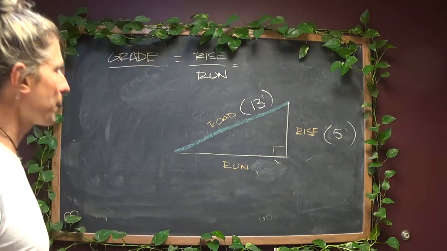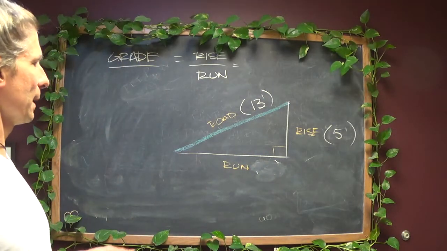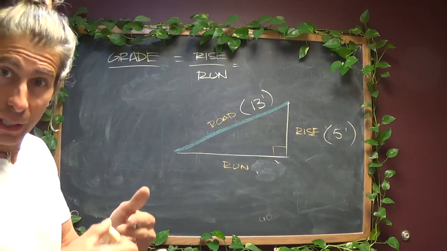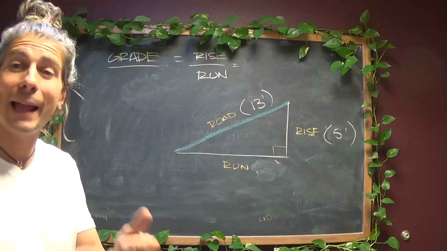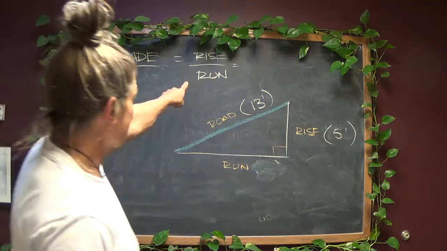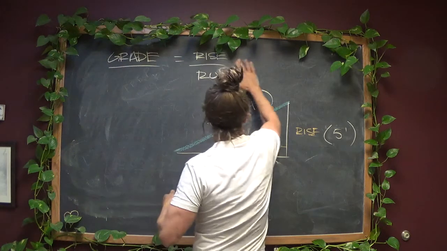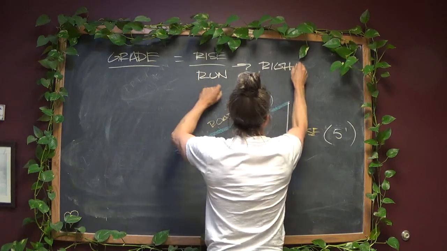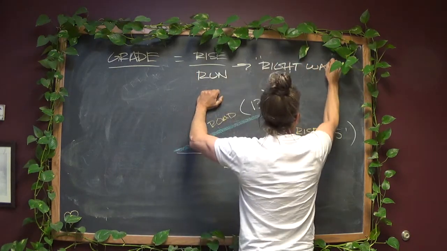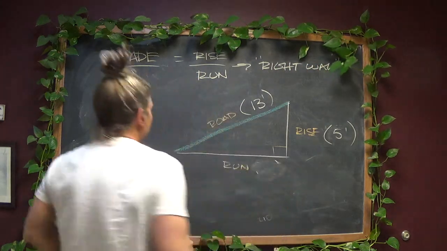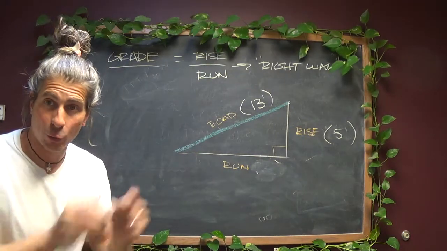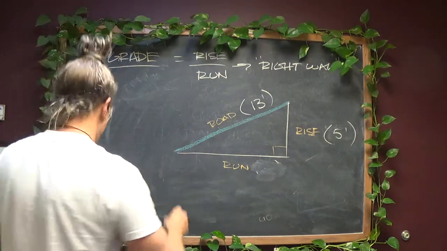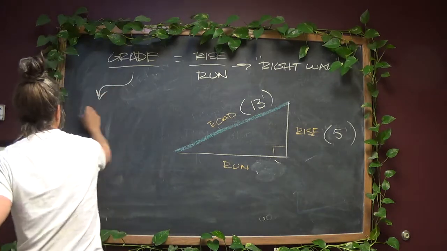Now a lot of times I've seen people construct grade what I call the wrong way. This is the right way. This is grade done the right way. But I've also seen the grade calculated the wrong way.